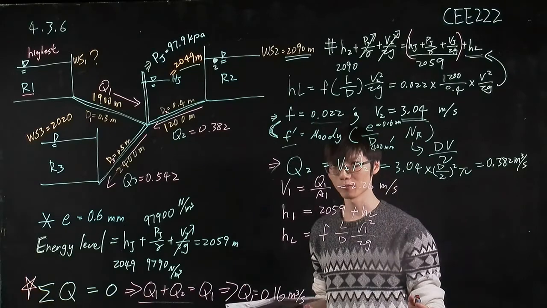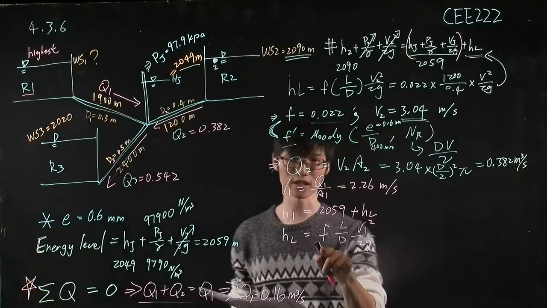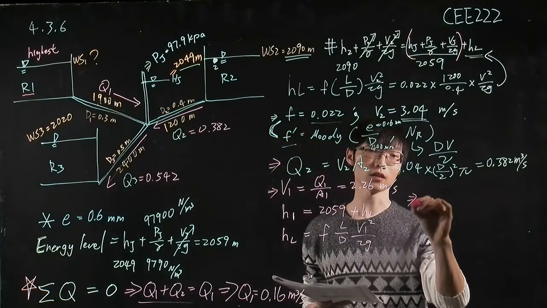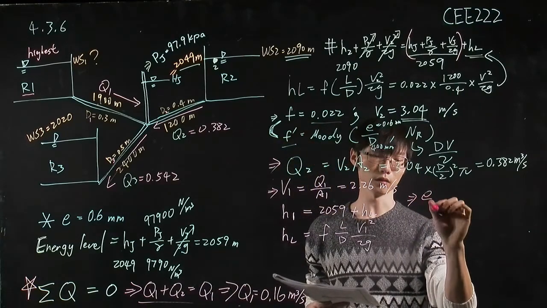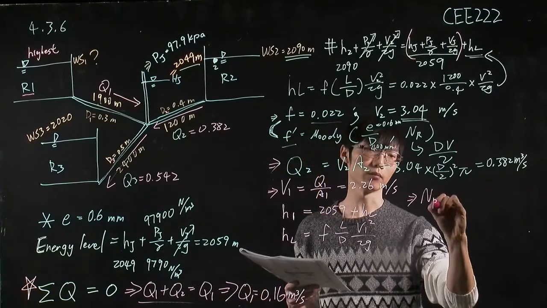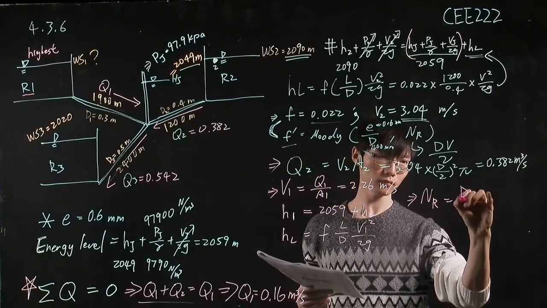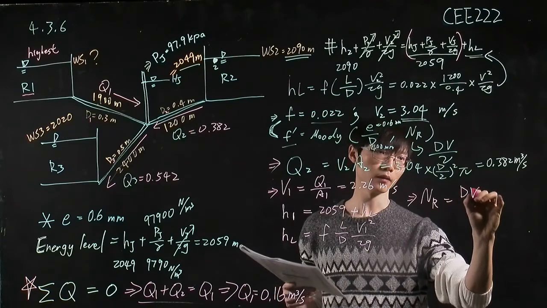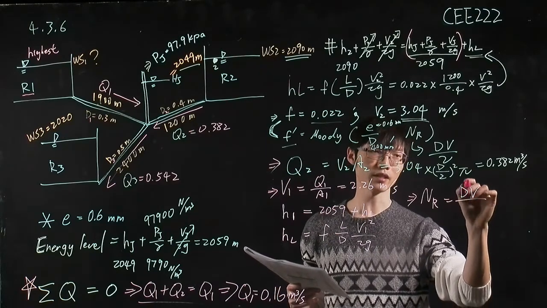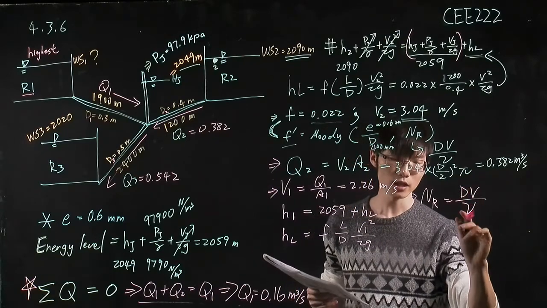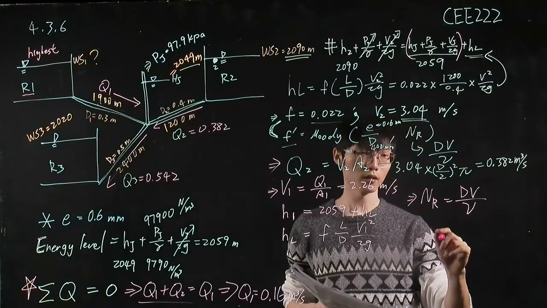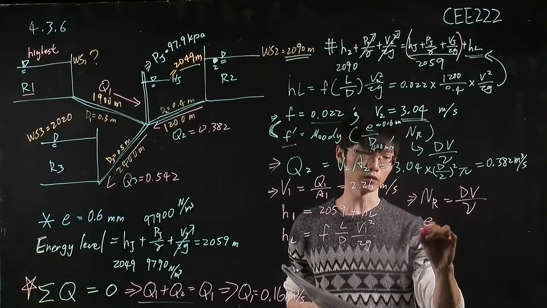And this time, we don't need to guess this factor f because we already know the velocity. So using the velocity, we can calculate the Reynolds number, that's equal to the diameter times the velocity divided by the dynamic viscosity. And we already also know this term.